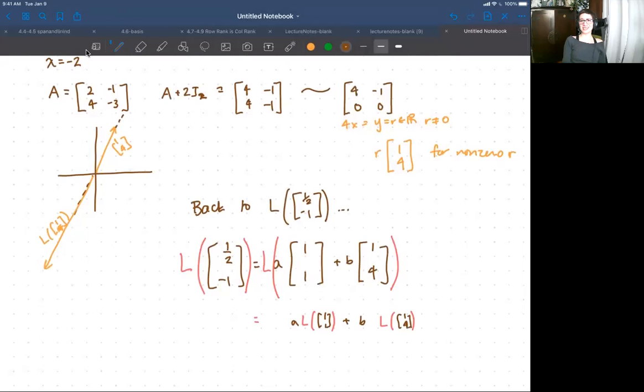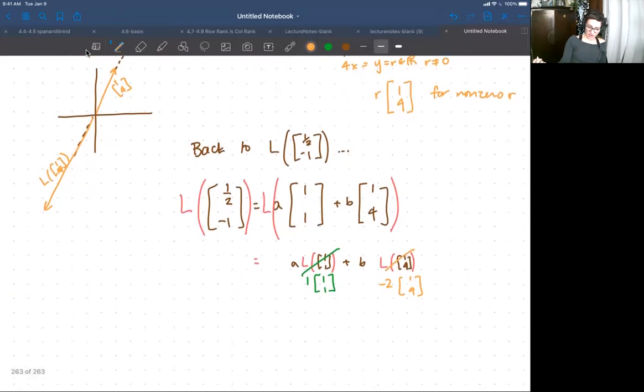L of (1, 1) is super easy to calculate because (1, 1) doesn't move. So this becomes 1 times (1, 1). That's associated with the eigenvalue 1. And L of (1, 4) becomes -2 times (1, 4) because that's associated with the eigenvalue -2. So really, whatever A and B were, we're just going to take that combination of (1, 1) and (-2, -8). So what we get is this thing is equal to A times (1, 1) plus B times (-2, -8).